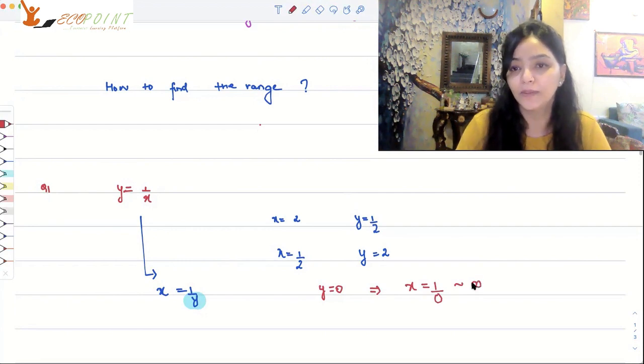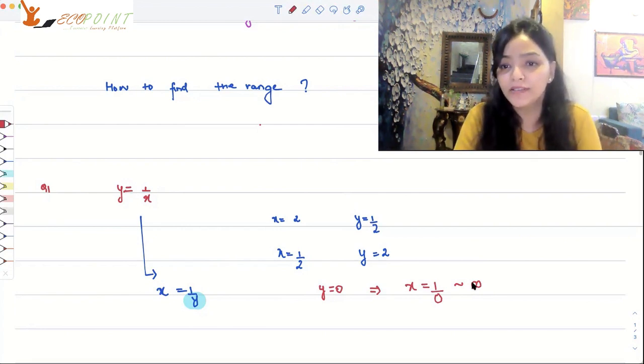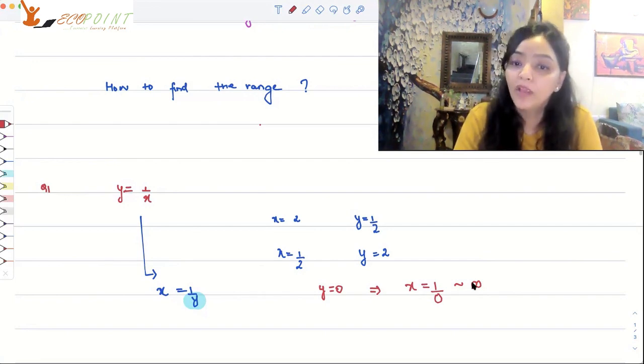That's infinity. What is infinity? Do you know where it would lie on the real line? Do you know exactly what it is? Infinity could be something for you, it could be something else for me. So infinity is a number which we cannot see. Infinity is not a finite number that I can see. So that essentially means that when x is equal to infinity, then y turns out to be 0.